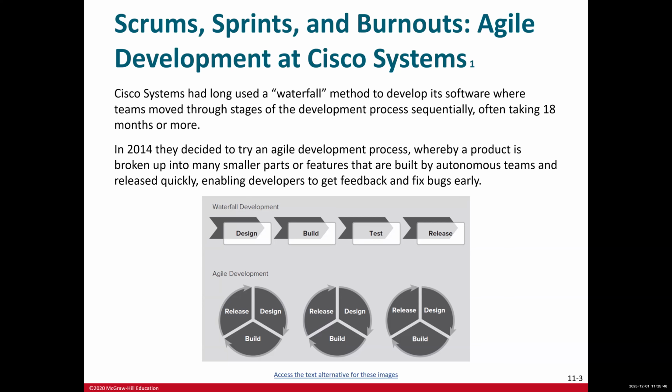For years, Cisco Systems was just following a traditional waterfall method. And most of you know Cisco. It's a giant company in the network industry, and they used the waterfall method for software development.